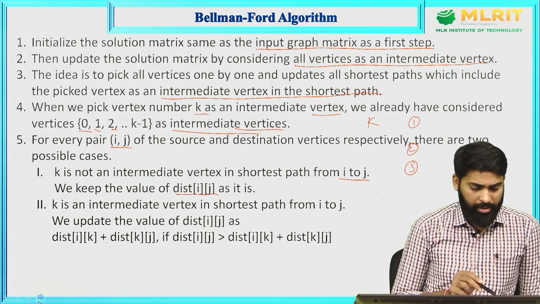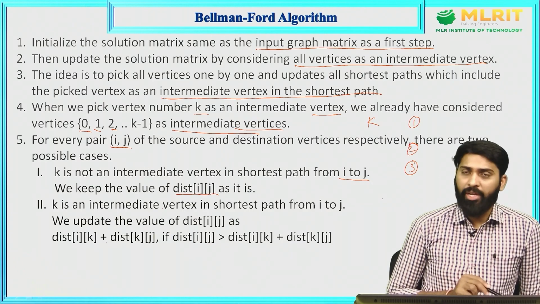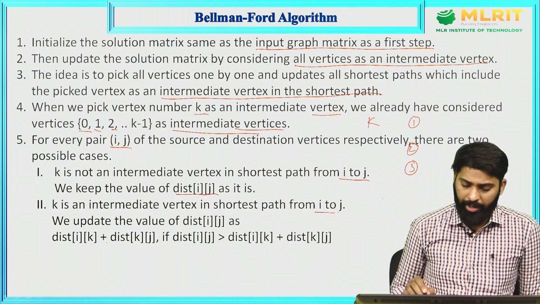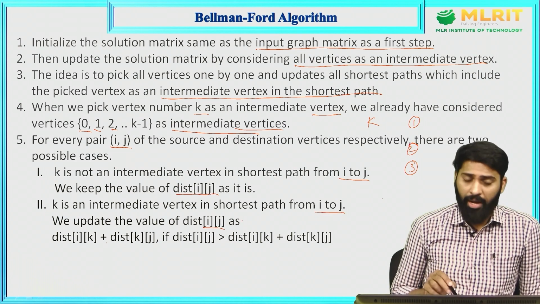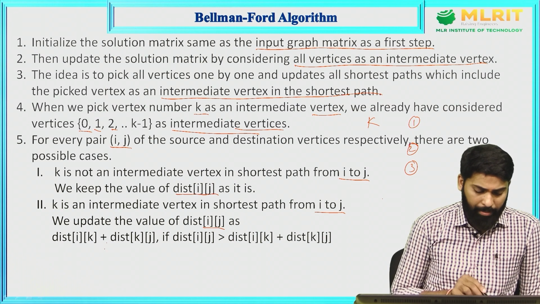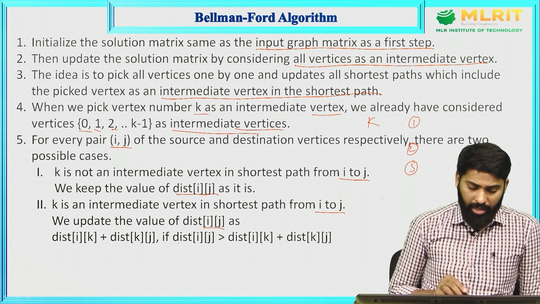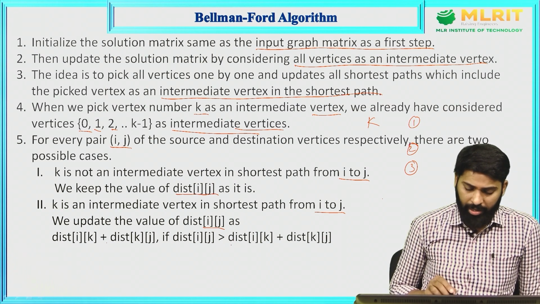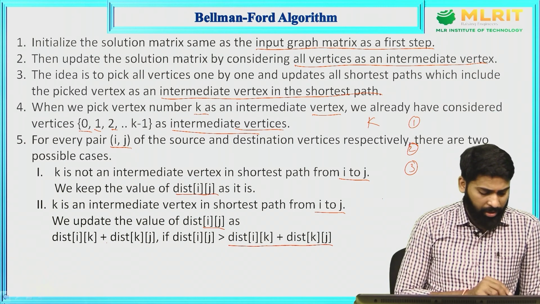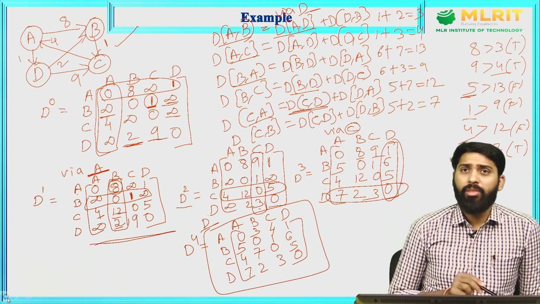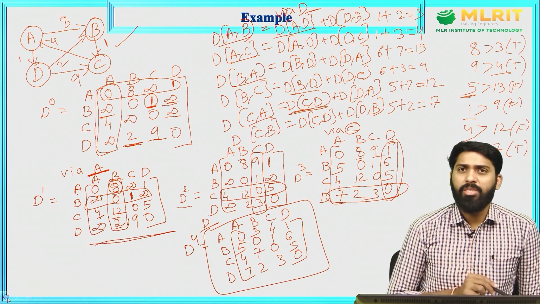Okay, so next, k is an intermediate vertex in shortest path from i to j. We update the value of distance of i comma j as distance of ik plus distance of kj if distance of ij is greater than distance of ik plus distance of kj. I hope you all understand this algorithm based on what we discussed in this example.